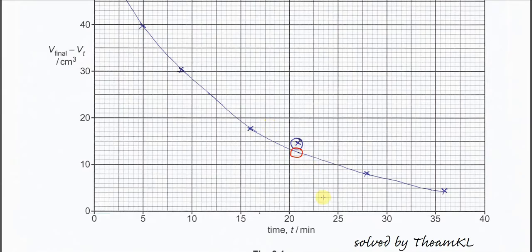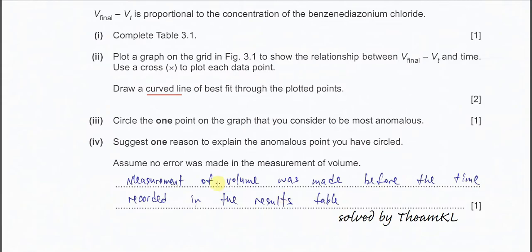So why is the volume larger than expected? The reason is that the measurement of volume was made before the time recorded in the result table. It means the student or the scientist made the measurement before 21 minutes.